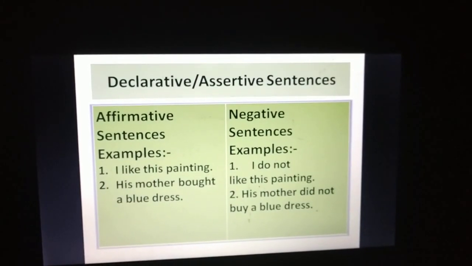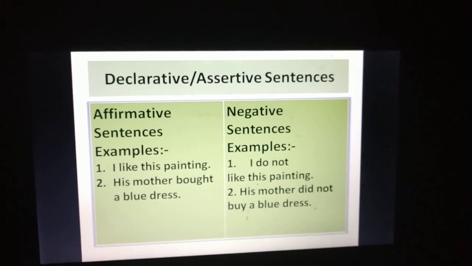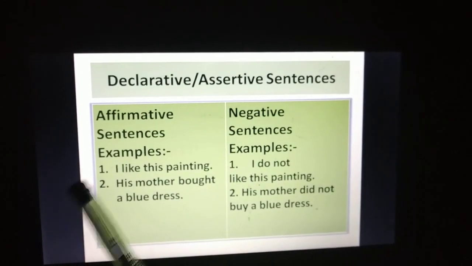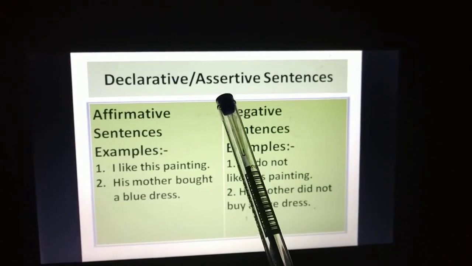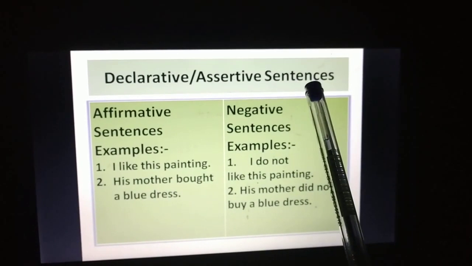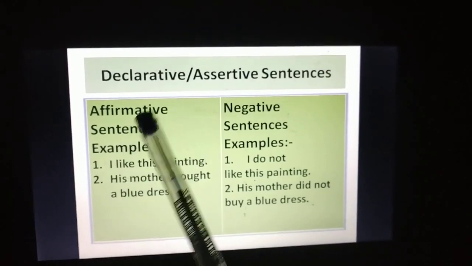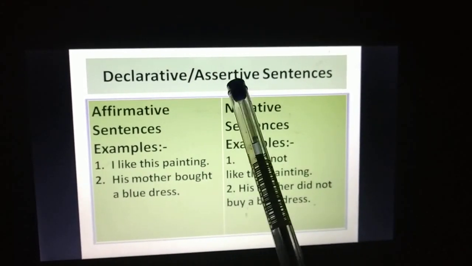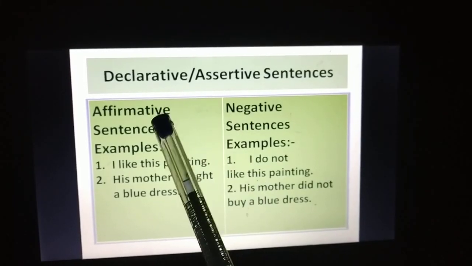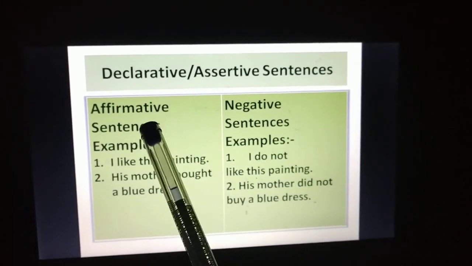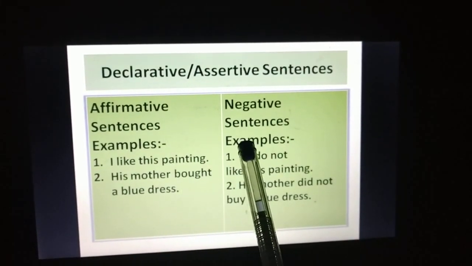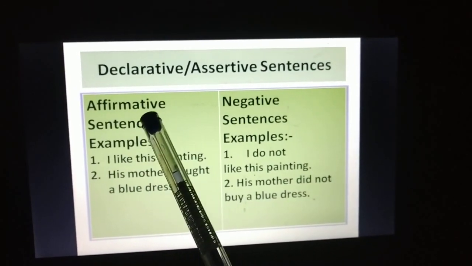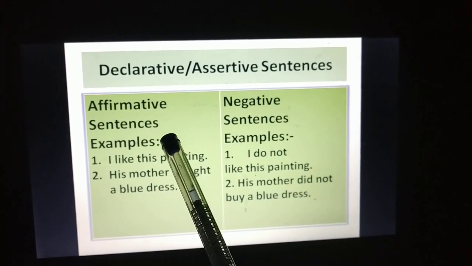Now we will study declarative sentences. Declarative sentences are also called assertive sentences. These are divided in 2 parts. First is affirmative sentences.